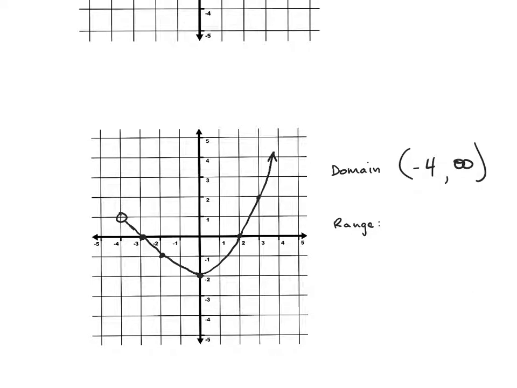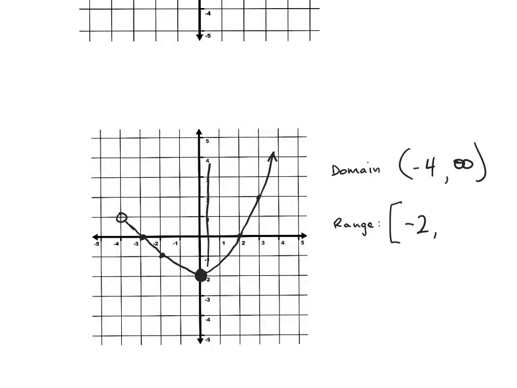Now the range along the y-axis here, the smallest number, or the lowest value that's being used as an output, is -2. And since that output actually exists, there is a point 0, -2. -2 is used as an output, so it's included.